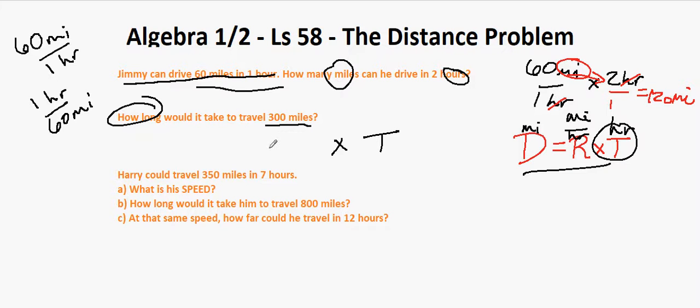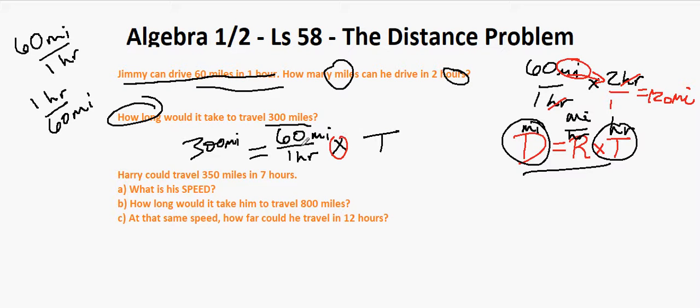What's the rate? 60 miles over hours. What's the distance? 300 miles. Again, those labels are important to make sure that everything gets canceled out just the way we need it to. So we have time fused to 60 over 1 with this multiplication sign.